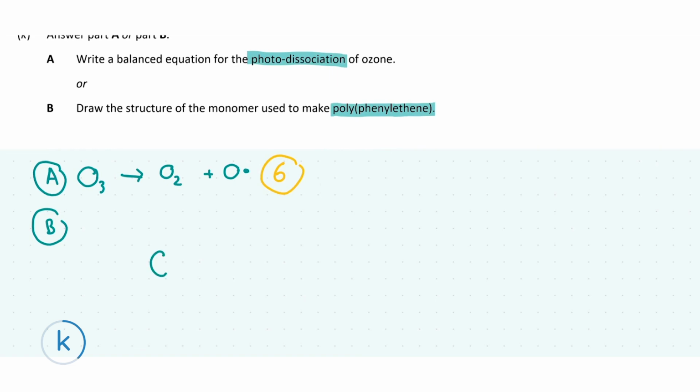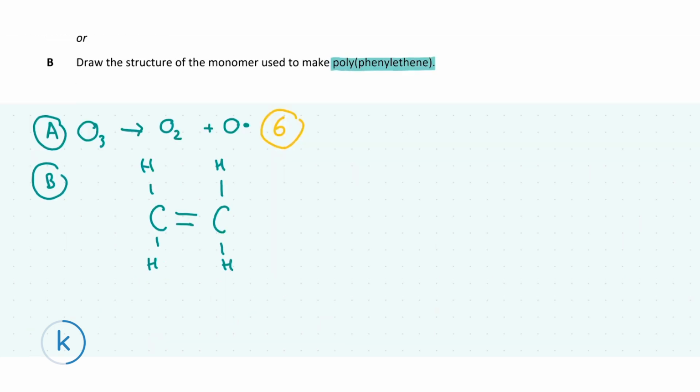Ethene has 2 carbons with a double bond between them, and then you have 2 hydrogens here, and you have 2 hydrogens here. But one of the hydrogens has been replaced by a phenyl group. So let's take this hydrogen out and add on a phenyl group, which looks like this.